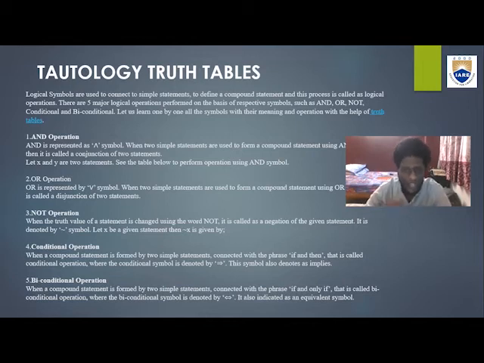Conditional means if and then. Biconditional means if and only if. The symbol for the biconditional operation is a straight line with arrow marks pointing towards both the left and the right side of the statement. It's equal, which is called the equivalence symbol. This is all about the tautological truth tables, and, or, not, conditional and biconditional operators and their respective symbols.